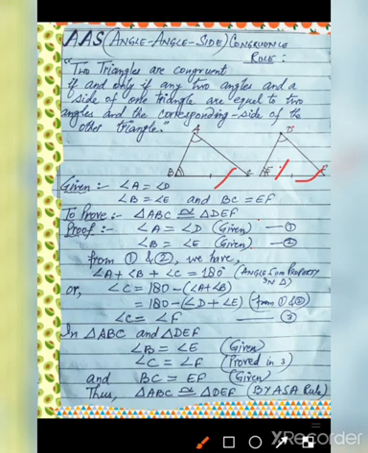Now in triangles ABC and DEF, once again angle B equals angle E, angle C equals angle F. And also one pair of sides, BC equal to EF, is equal.